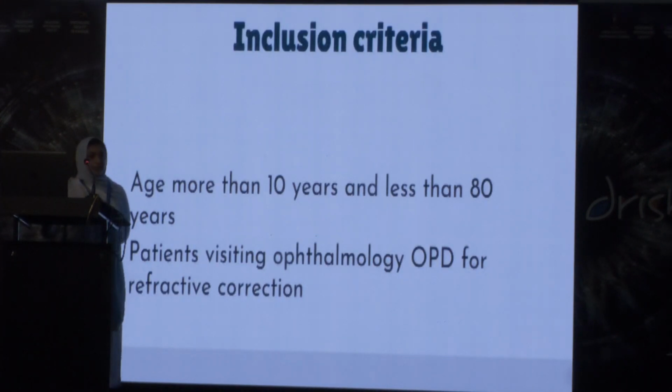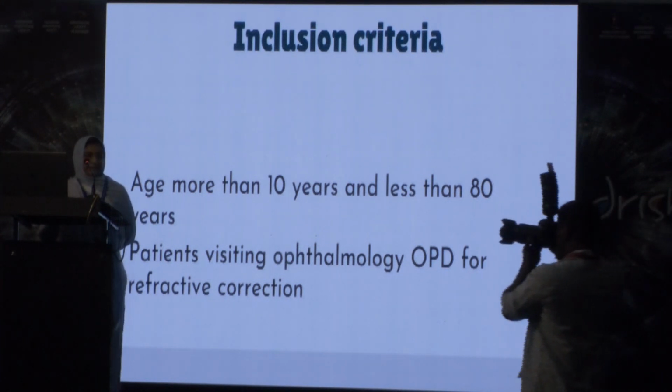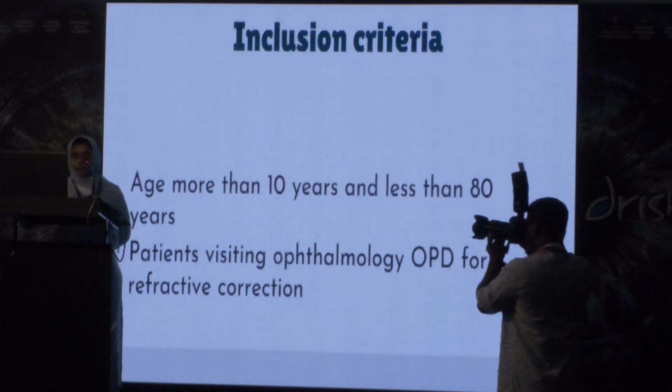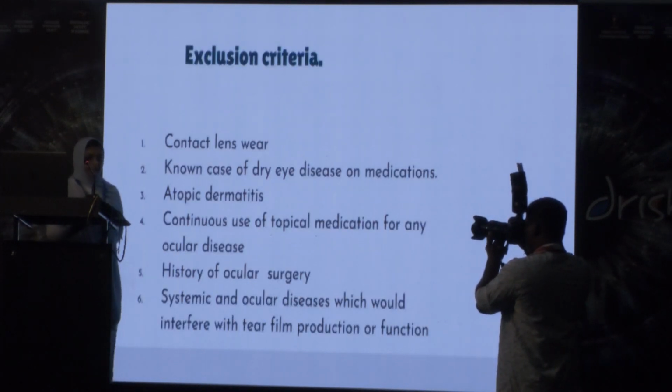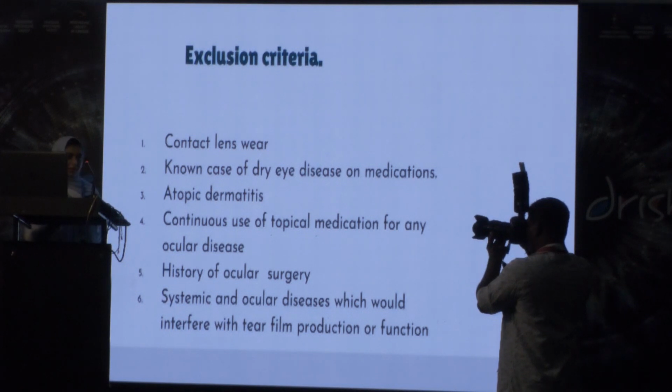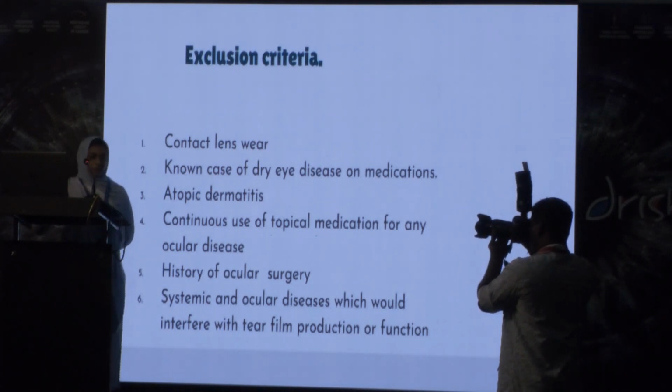The inclusion criteria was any person attending OPD between 10 and 80 years, and patients visiting OPD for refractive errors. Exclusion criteria was if they were wearing any contact lens, if there is any known dry eye disorders or any previous history of ocular surgeries, they were excluded from the study.